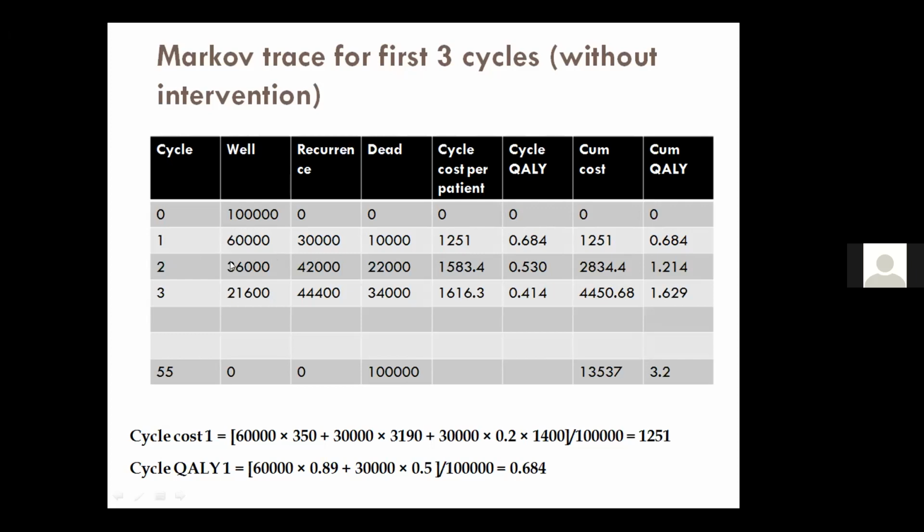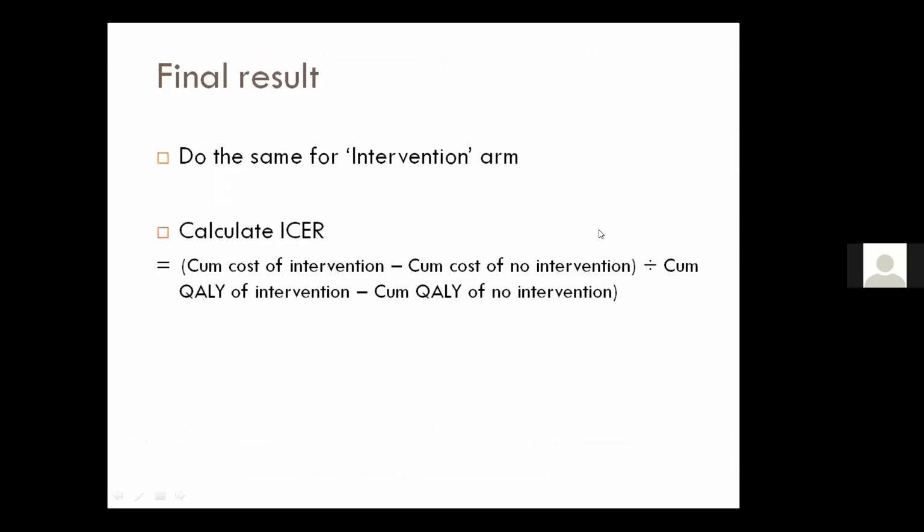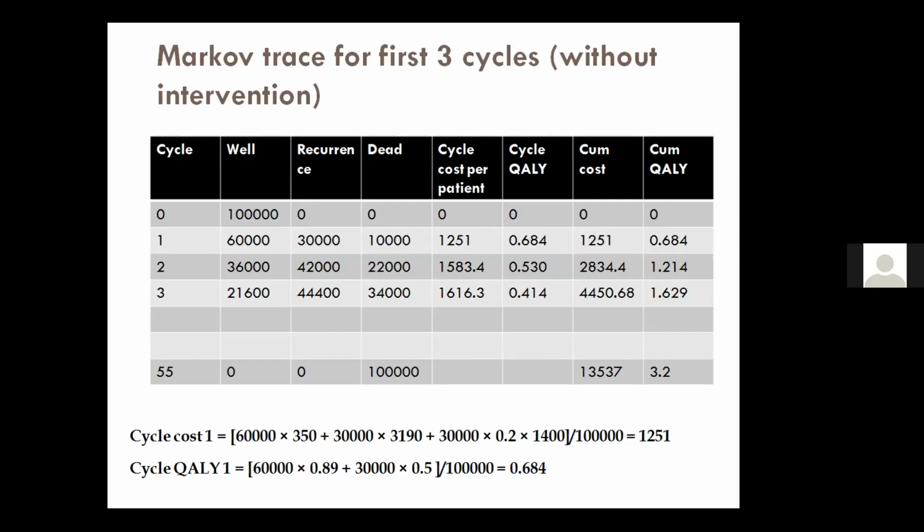So 60,000 people well multiplied by 0.89 plus 30,000 people unwell with utility value 0.5, add them and divide by 1 lakh, you get 0.684. And then cumulative cost means the value of the first cycle and second cycle added, and then you get the cumulative QALY and cumulative cost.